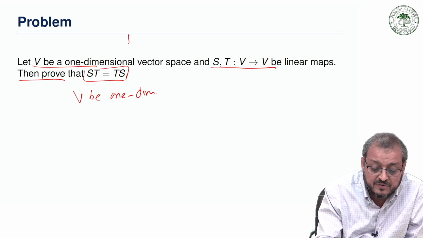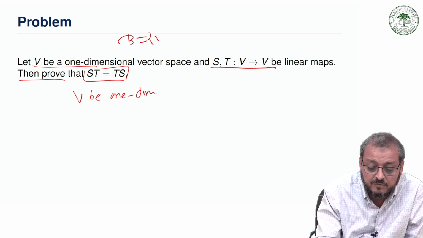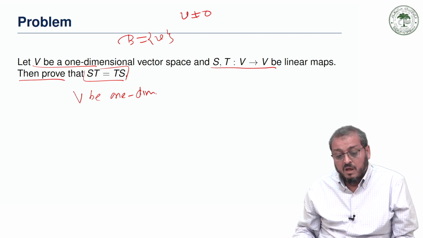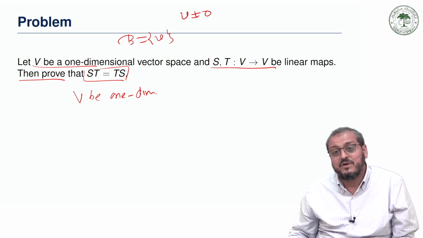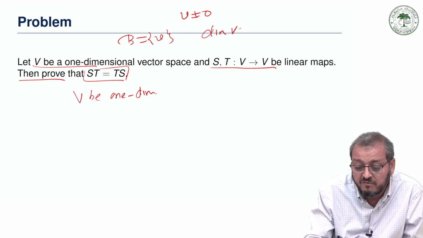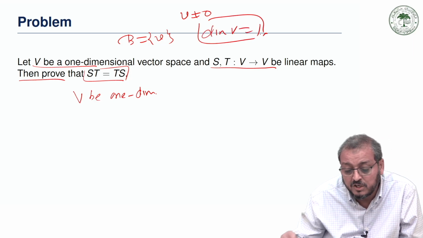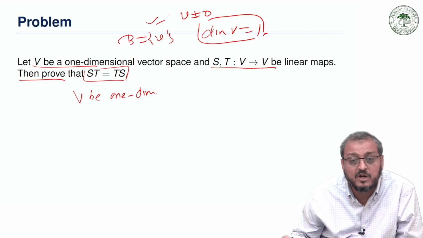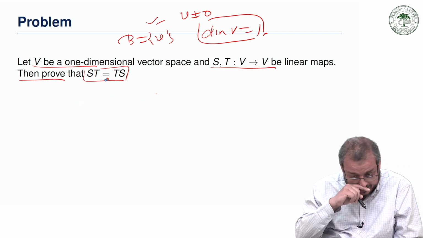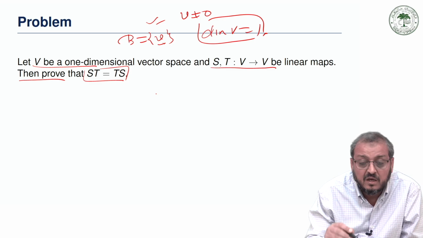So this means the basis has only one element. Suppose v is that element, and this v should be non-zero. If it is 0, then clearly it is not a basis. Because the dimension of V is 1, the basis has only one element.